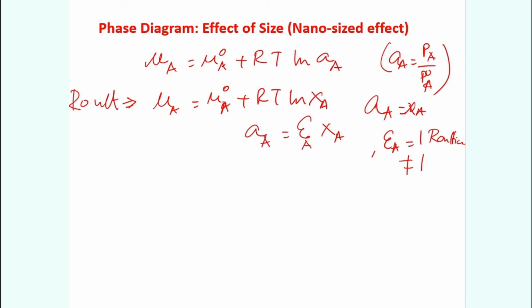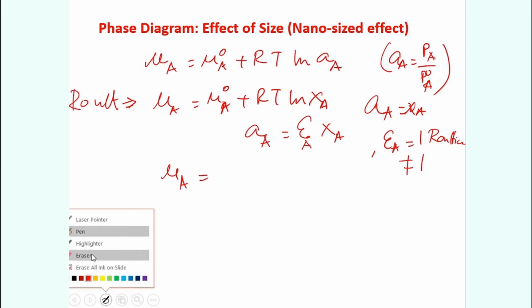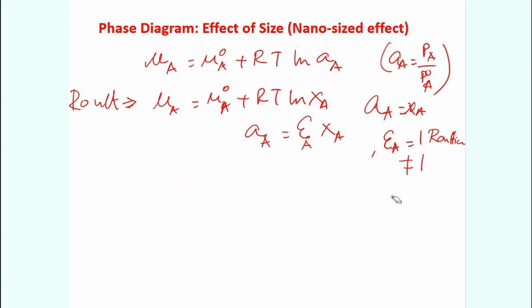But Henry says, for very dilute solutions, only at the ends of the phase diagrams where solutions are very dilute, like 2%, 3%, 5% concentration of the solute, Henry says, mu A is equal to... or basically, a much easier way, Henry says I can use partial pressure equal to a constant K multiplied by X. Kb is a constant, that is Henry's constant, okay.